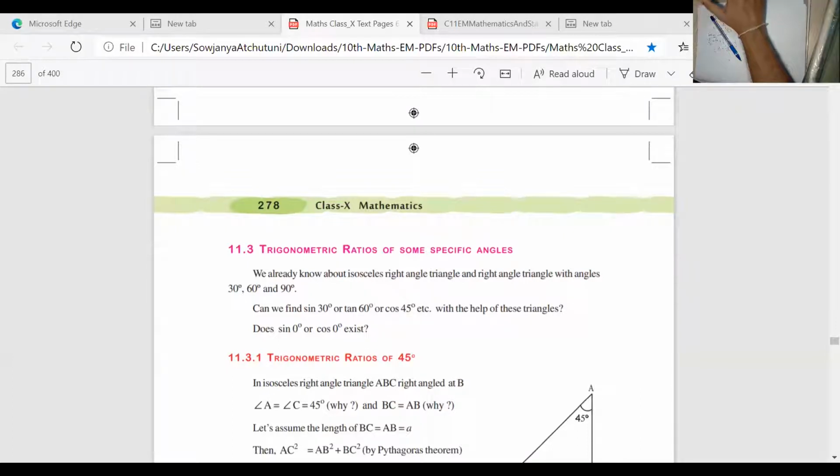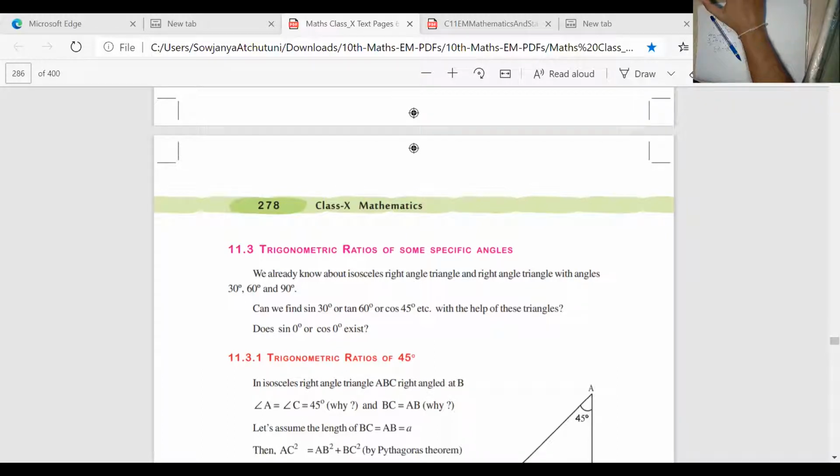That means this is an isosceles triangle with AB equal to BC. If I say AB is A, then what is the hypotenuse? A square plus A square under root, that is root 2 A. What is sin 45? Opposite by hypotenuse, A by root 2 A, 1 by root 2.